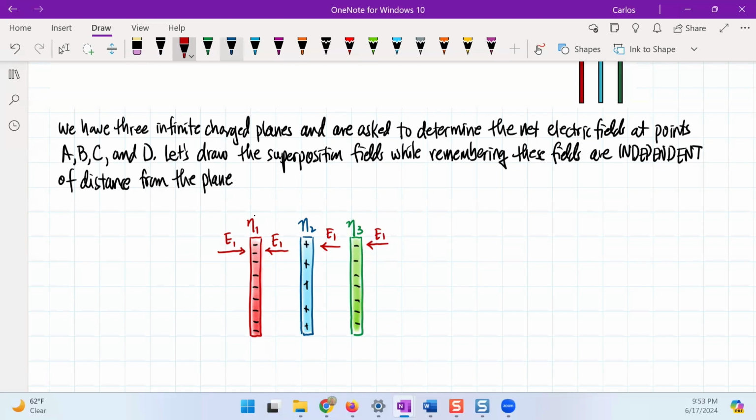Now the field produced by charge density 2 goes away from the plate, but it goes in both directions, to the left and to the right.